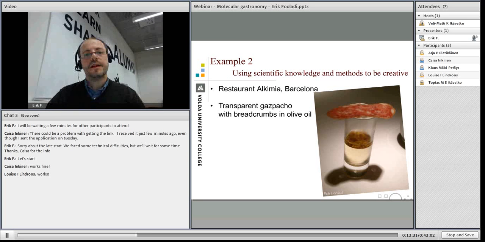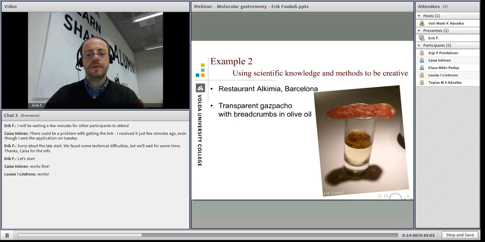They made this the day before, and then they used some filtration techniques. In some restaurants, actually, they have now bought centrifuges so that they can centrifuge different solutions. They could take the tomato juice or tomato soup, and they could centrifuge it, and then they would take out the solution on top, and that might be transparent.